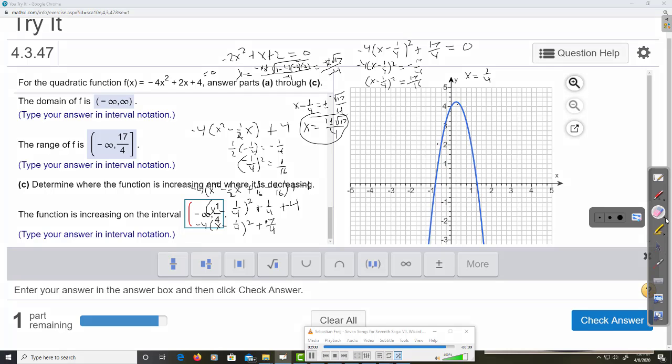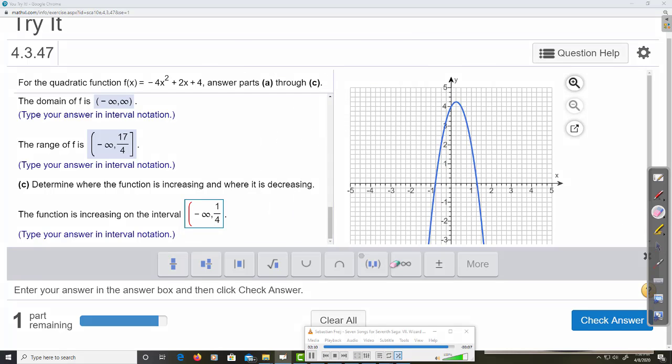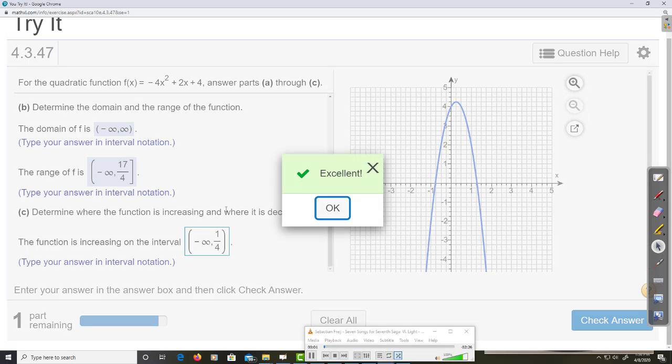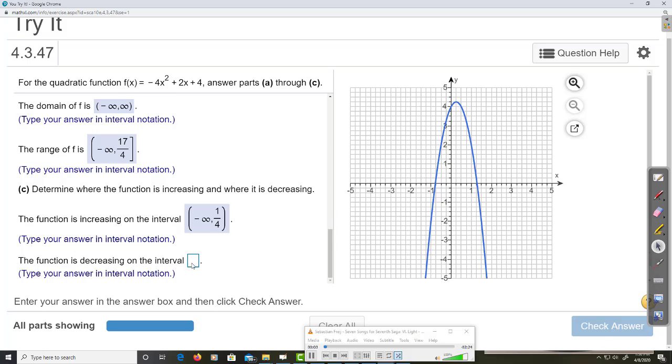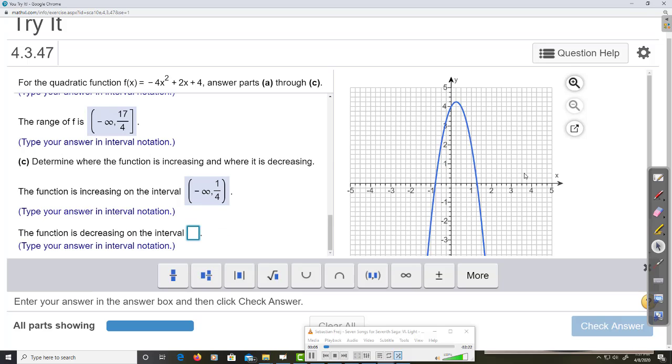I'll get rid of my stuff here. I already put a lot in. And remember, you never have a bracket on an interval of increase or decrease. Decreasing then the other side, 1/4 to infinity.